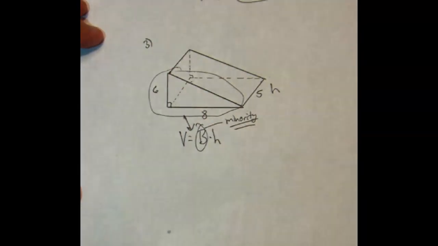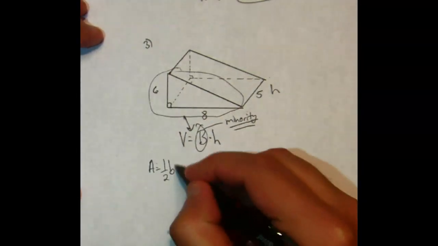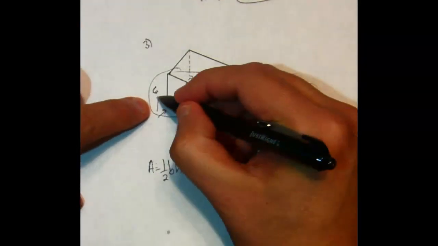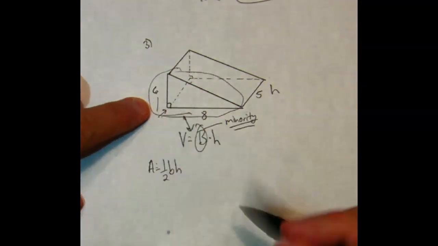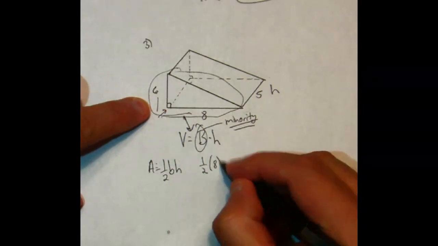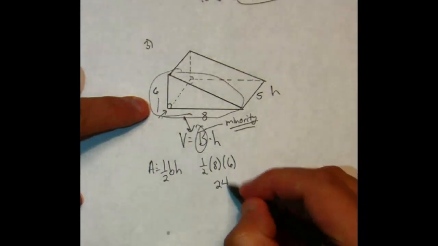Now, triangle, remember the formula was 1/2 base times height. And you always look at the little square, the little right angle, so that's going to be your B and H. So 1/2 base 8 times height 6. 8 times 6, 48, divided by 2 is 24.